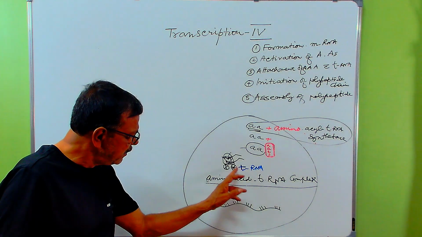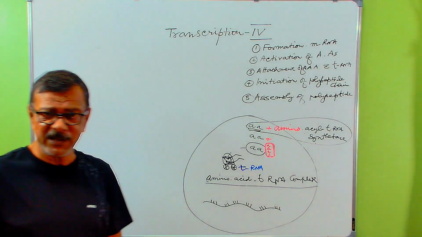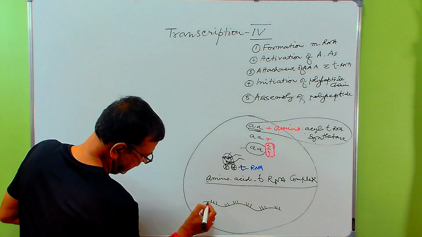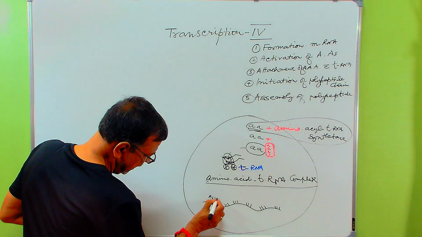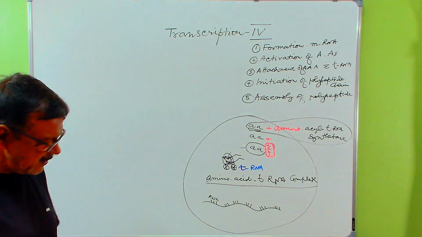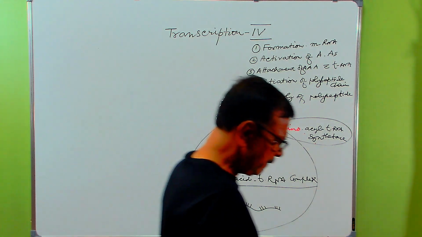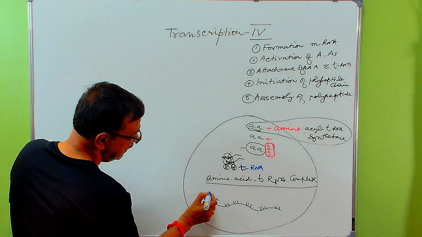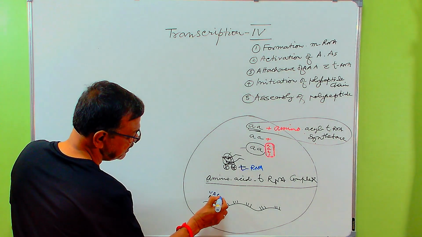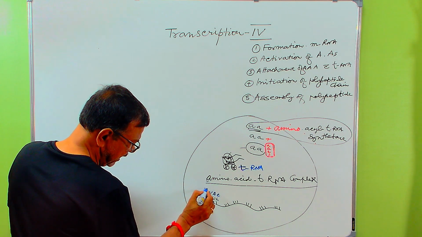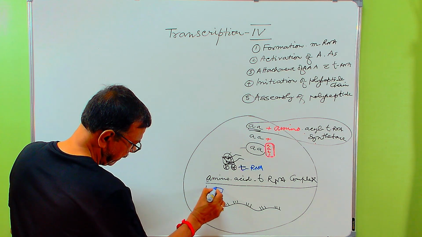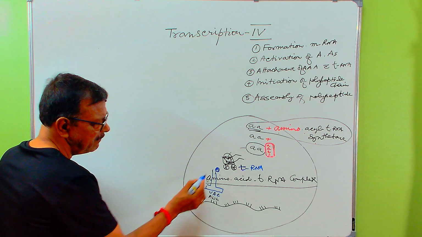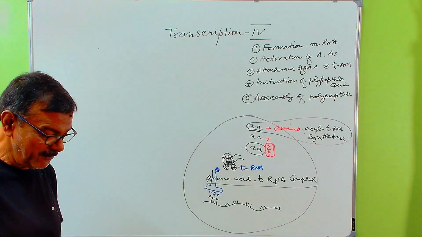Now this amino acid will recognize where it will sit. So it will sit here, say this is AUG. In AUG, the reverse will be UAC. This is the anticodon, and this tRNA will carry methionine.